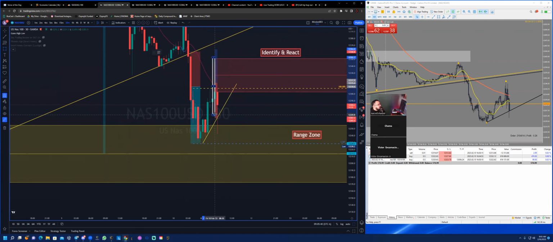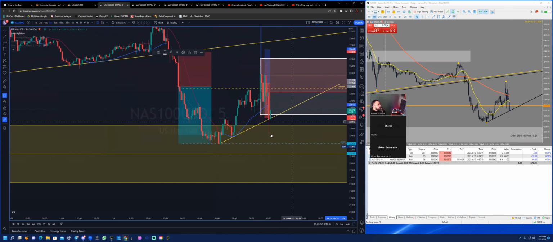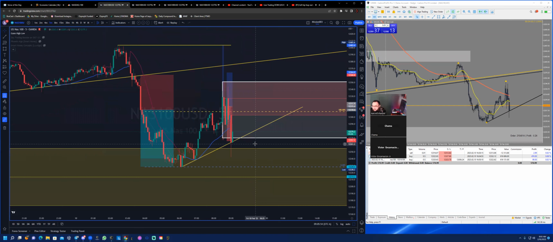Goes back into the range, the 30-minute candle range. Ugh. So we're back in the range. The range zone right there. Go mess with that. No sell. That's why I say just be patient, man.